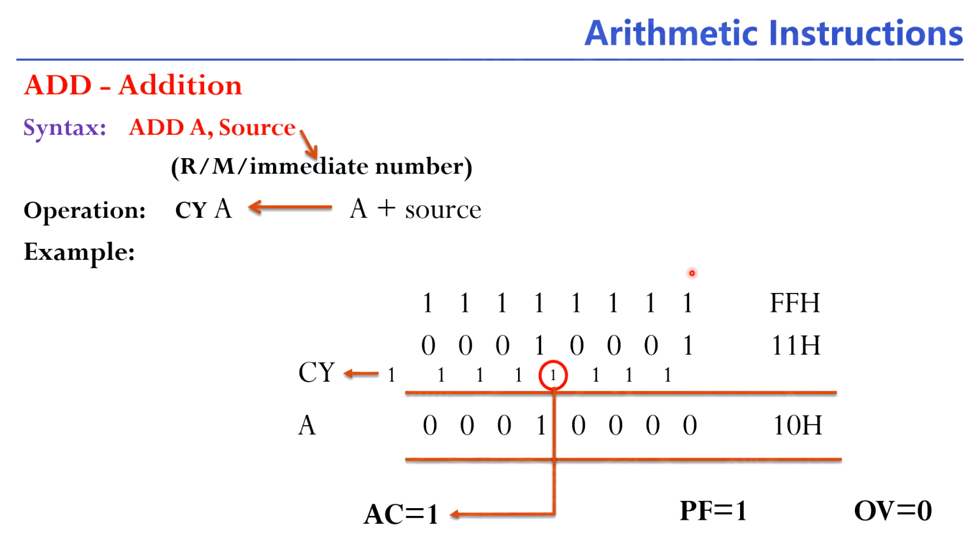Now we can represent it here; this is the binary number of this hexadecimal number, right? The second number is 11H. That is a hexadecimal number. This hexadecimal number is converted into a binary number. You can see here, this is the binary number of 11H.